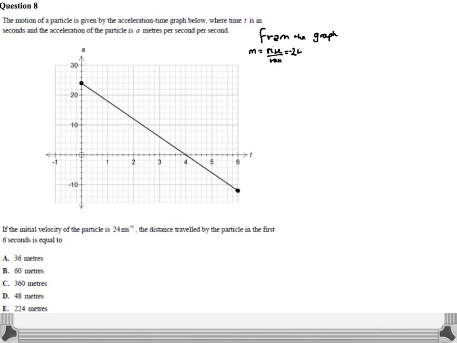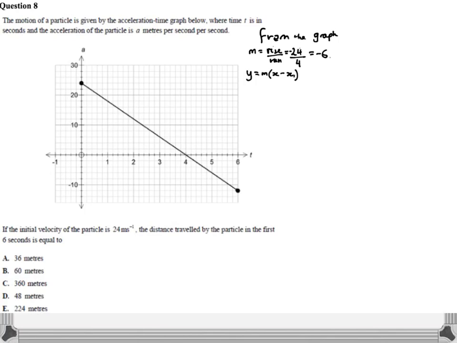First off, reading from the graph, we notice, okay, straight line. So if I work out the equation of this straight line, I have a function for acceleration in terms of time. So let's aim for that. Rise over run gives you -6.